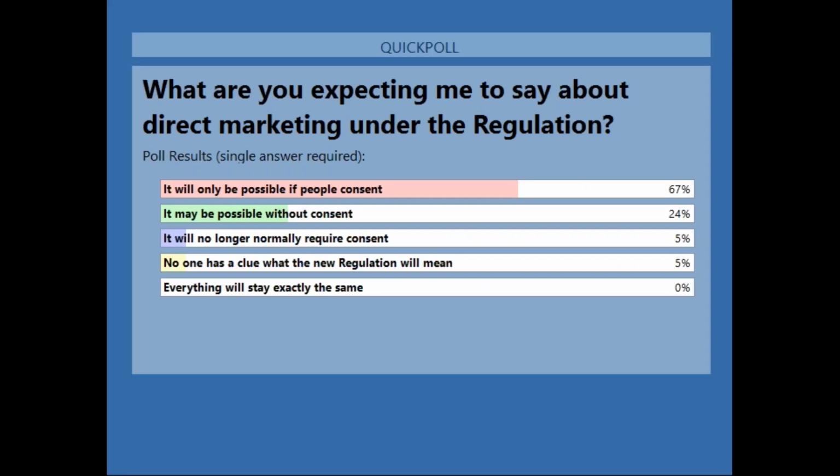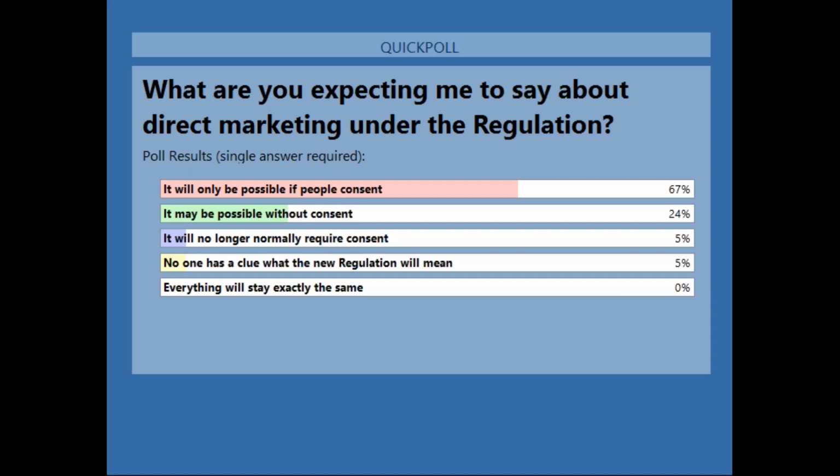And so the results of that. 2/3 of you think that marketing will only be possible if people consent. A quarter think it may be possible without consent, and others less sure. So that's interesting, because what I'm going to say essentially is that the second option, that marketing may be possible without consent, is where I think the answer lies.